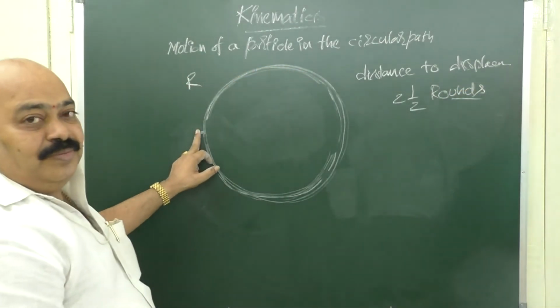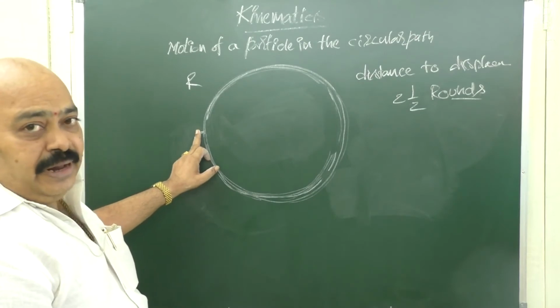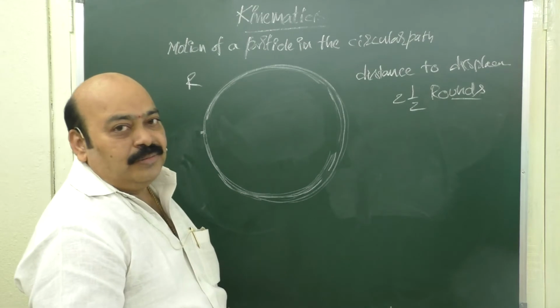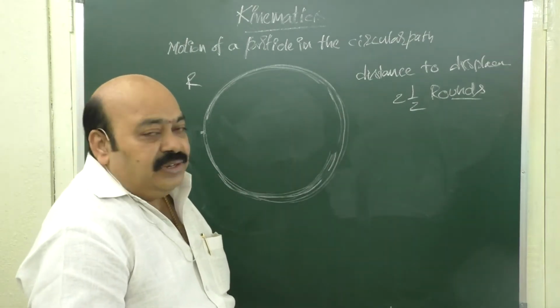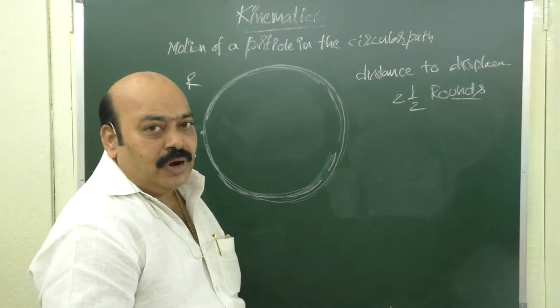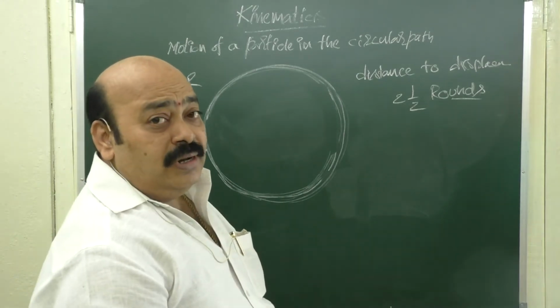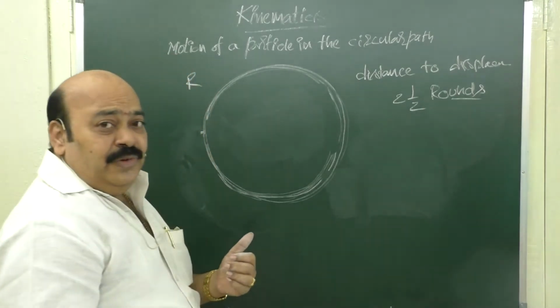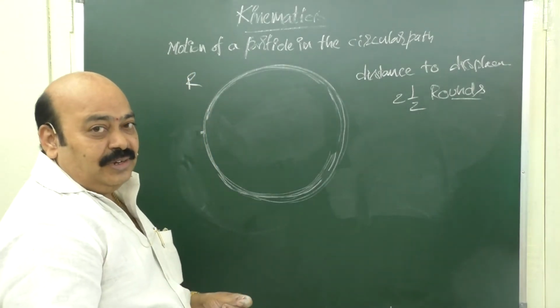Shall I repeat my question? An athlete is running around a circular track of radius r. Find the ratio of distance to displacement when he completes 2.5 rounds. Small twist. If you find out that, you will enjoy this class.